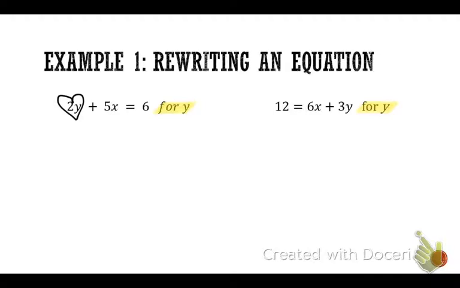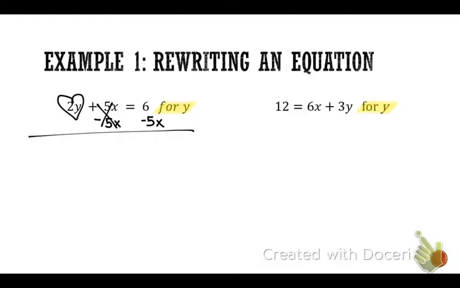How could I get positive 5x to cancel to the other side? What do you think? Subtract it, okay? So subtract 5x and subtract 5x. All right, you just want to minus it. So now it cancels on the side with y, which is what I wanted.